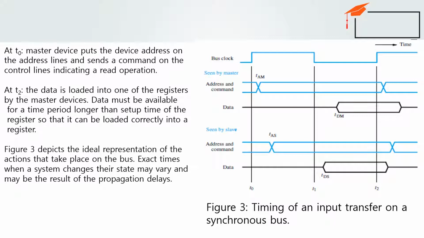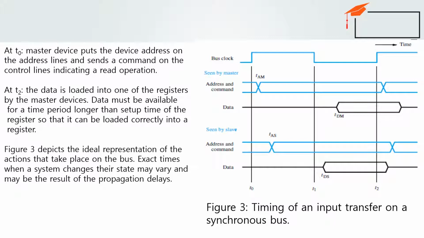The physical and electrical characteristics determine the speed of data traveling on the bus. The width of the clock pulse, T1 minus T0, must be longer than the maximum propagation delay over the bus, and long enough so that all devices can decode address and control signals, and slave devices can respond at time T1 by putting the requested data on the data lines.